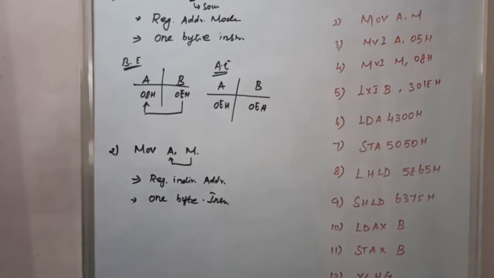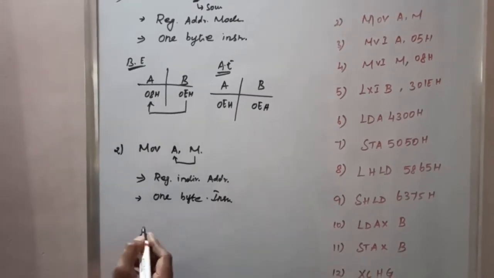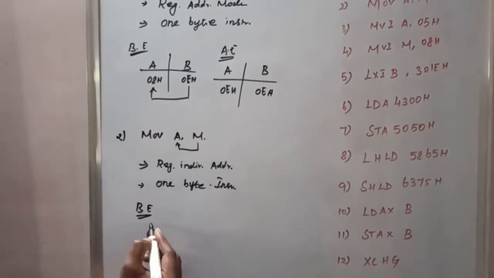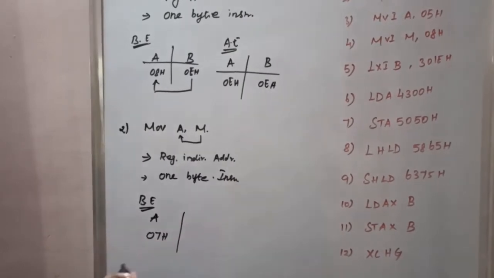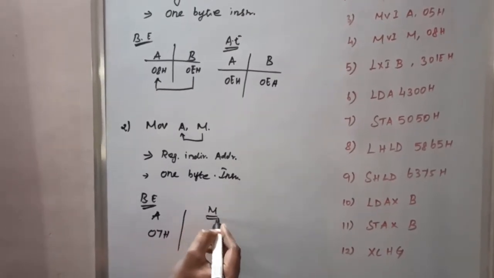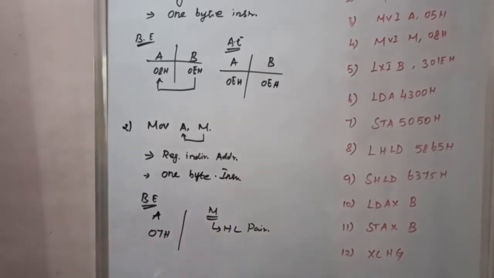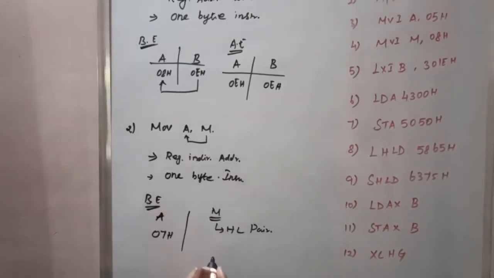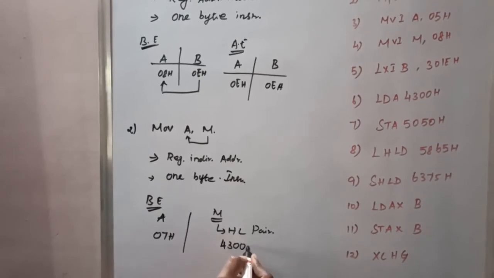Now we discuss an example of the MOV A, M instruction. Before execution of this instruction, A register value is 07H. M is memory, and memory is considered as the HL pair register. The HL pair register contains the address of the content. Now I take the address 4300H.